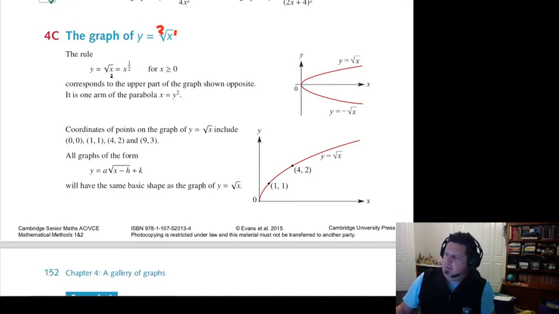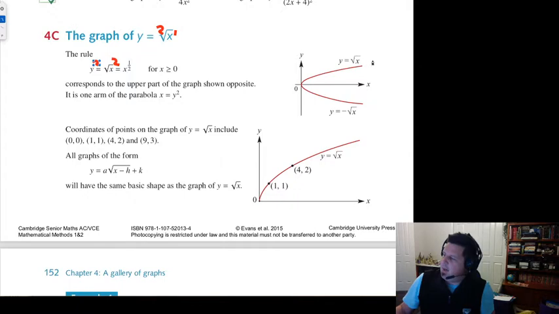Again, if you consider the equation y equals the square root of x, if you were to take the square of this side, that would get rid of the square root. You'd just be left with x on this side. And if you take the square of this side, obviously you'd be left with y squared. So this graph here is the same as x equals y squared.